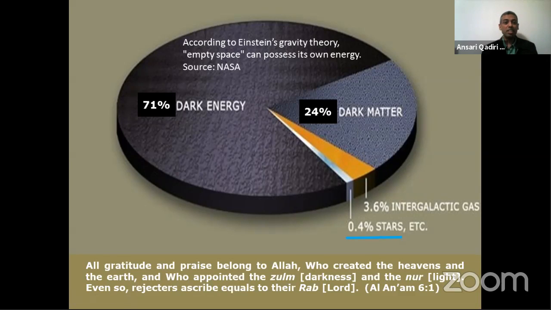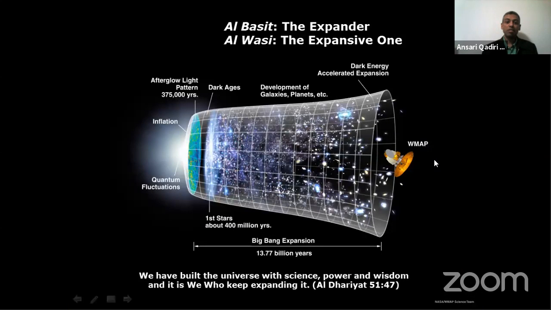And now why these things are interesting to us is because if we look again at the Quran, this expansion of the universe that we were talking about is actually mentioned in Al-Zariyat. We have built the universe, the Sama, with science, power, and wisdom, and it is we who keep expanding it.